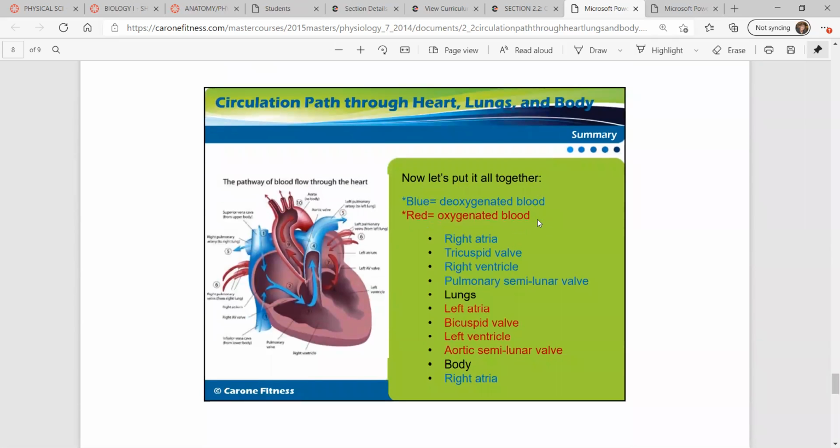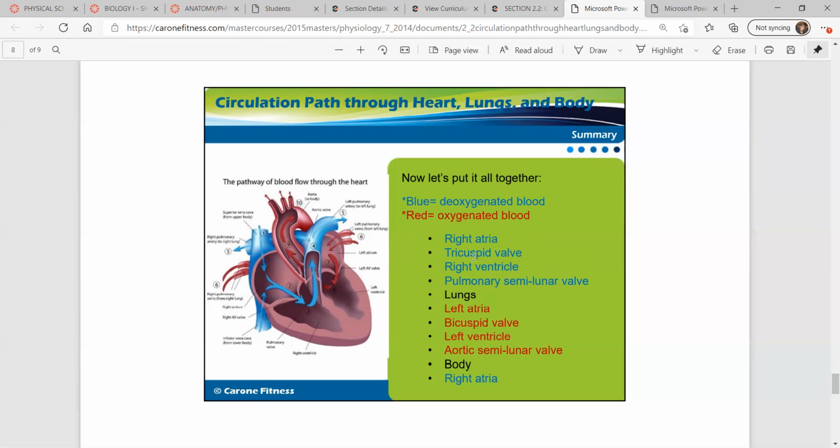So here it's putting it all together, and the color coordination will tell you whether the blood is oxygenated or deoxygenated. Red is oxygenated, blue is deoxygenated. So we have the whole list right here. Right atria, through the tricuspid valve, right ventricle, through the pulmonary semilunar valve, and then into your lungs.